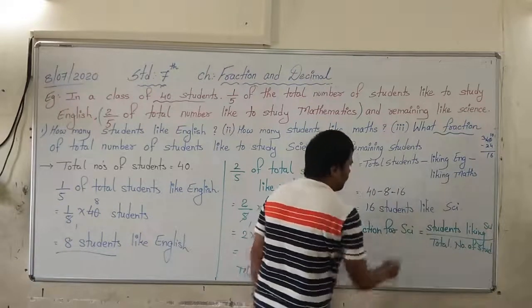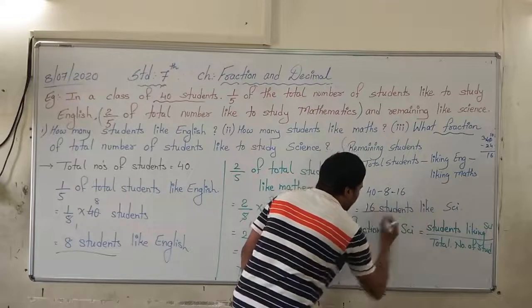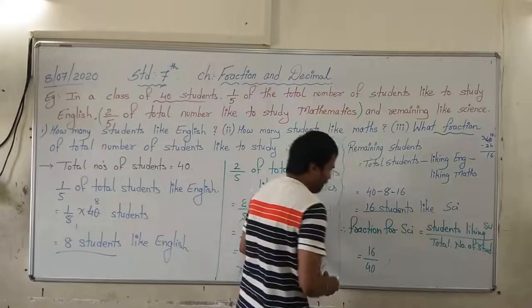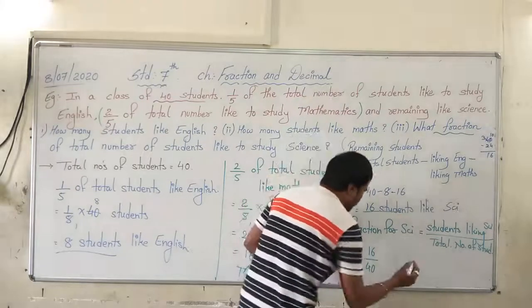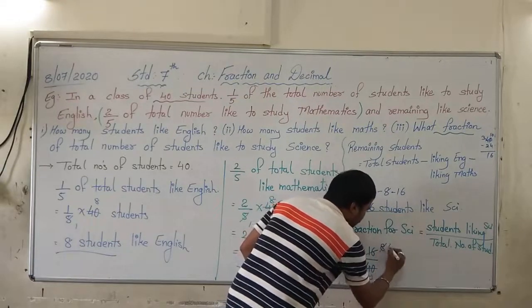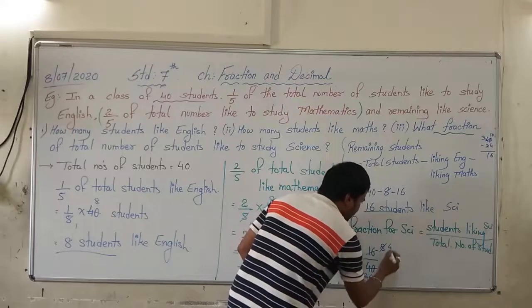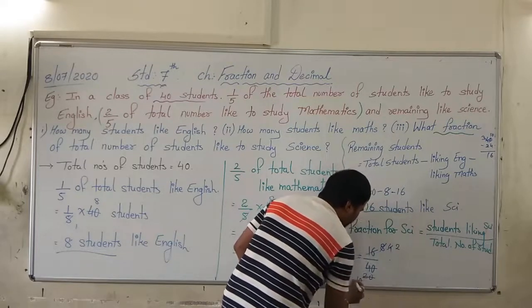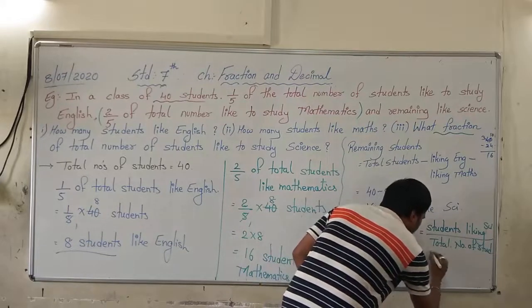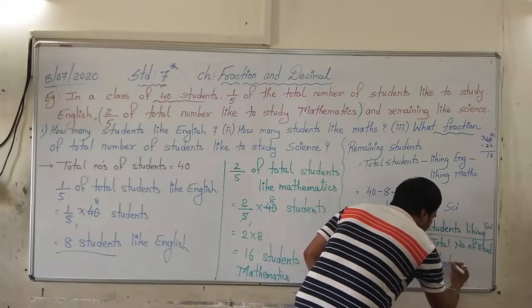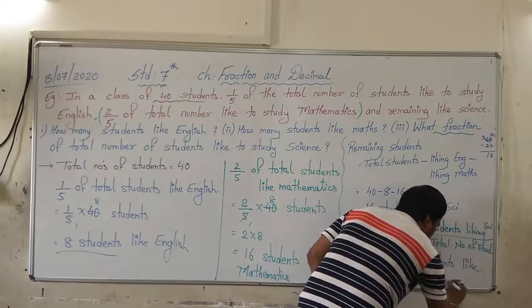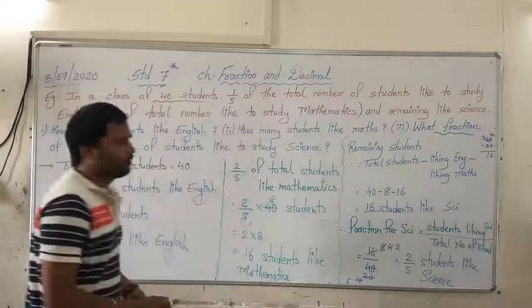So that is equal to, how many students like science? 16 upon total number of students 40, right? Now you can cancel. What can we cancel out? 2 8s are 16, 2 20s are 40, 2 4s are 8, 2 10s are 20, 2 2s are 4, 2 5s are 10. So that is nothing but 2 upon 5 of students like science. Right? In this way we can solve the problem.